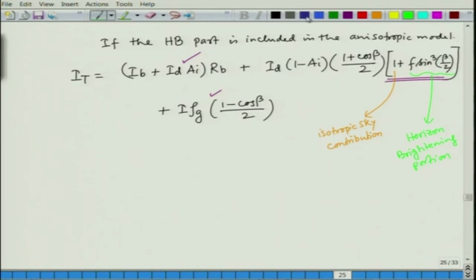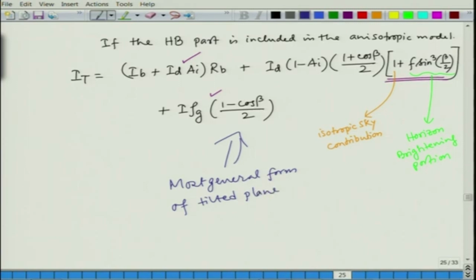Okay. So, this is the most general form of tilted plane intensity estimation, which includes everything.